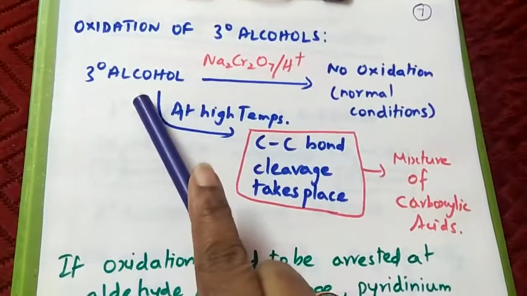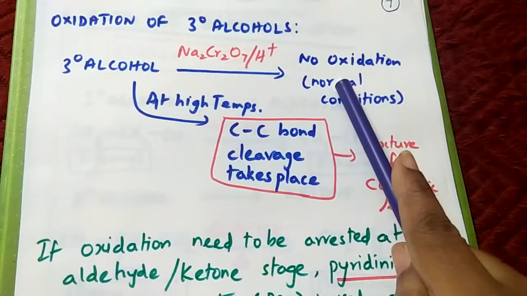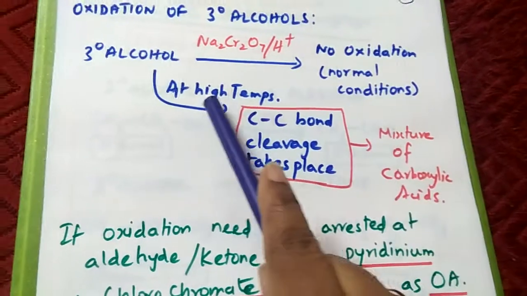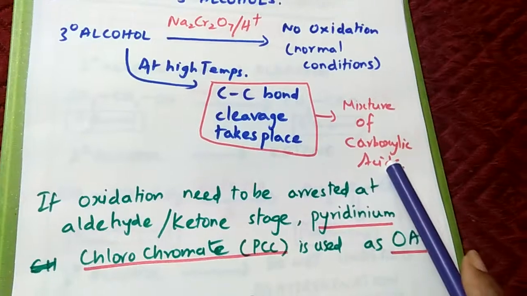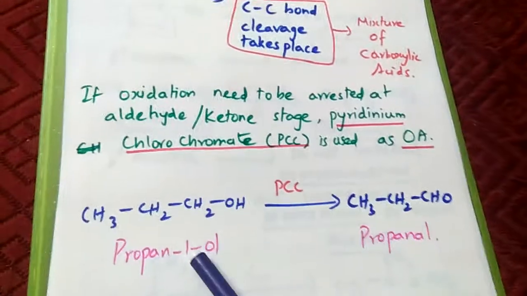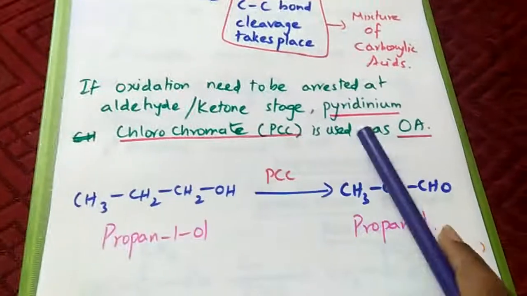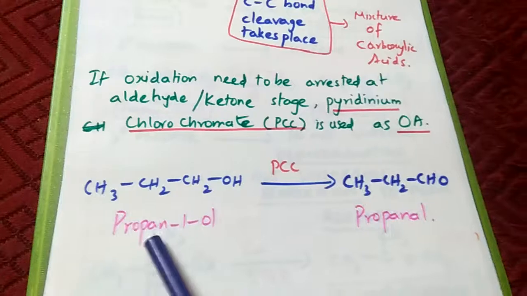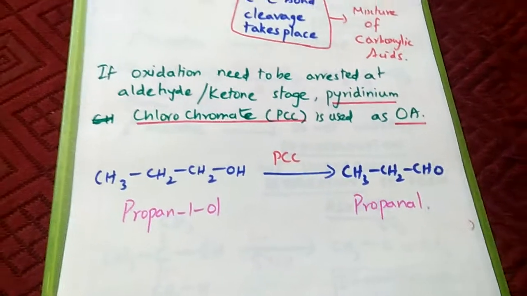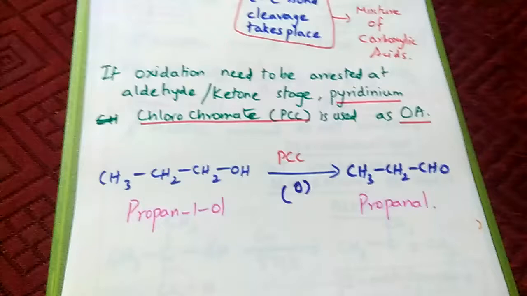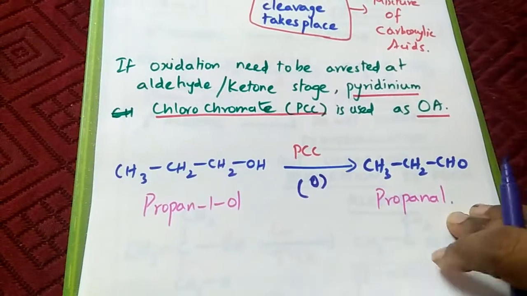So once again I repeat, tertiary alcohol will not undergo oxidation under normal conditions, but at high temperature C-C bond cleavage takes place and it gives rise to carboxylic acid. If you use pyridinium chlorochromate, a primary alcohol is converted to aldehyde and the oxidation is stopped at that stage.